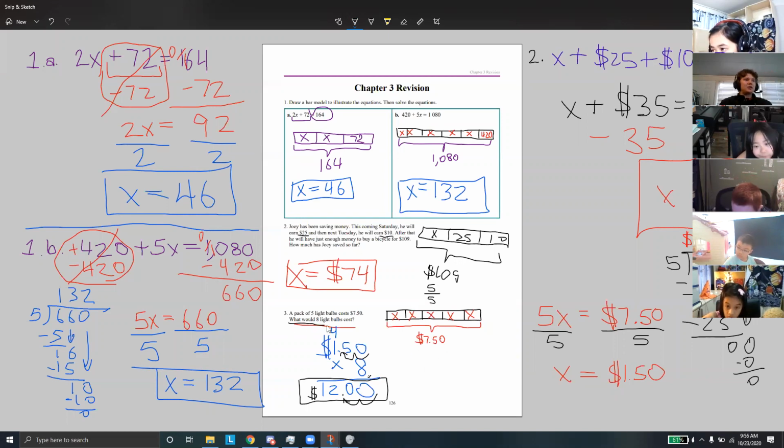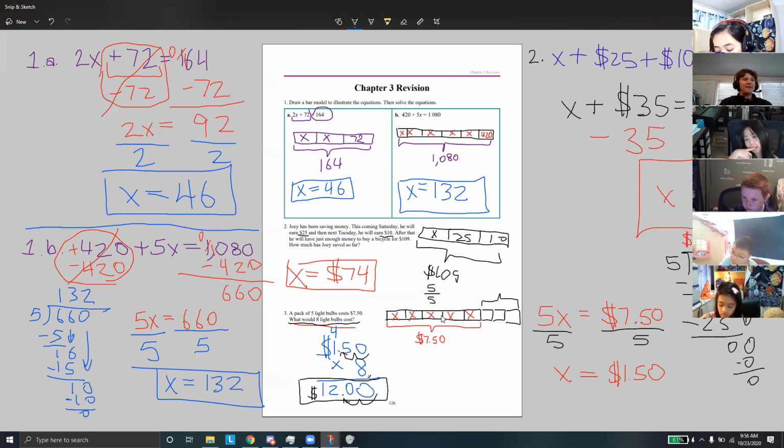Now they're asking us what the cost of 8 light bulbs is. So that's going to be 3 more boxes, right? 3 more boxes. Well, all we have to do is add the amount of boxes we're adding to the top. So we're doing 3 out of 5, and we're adding 3 more. So we're going to add 3 to this 5 on top.